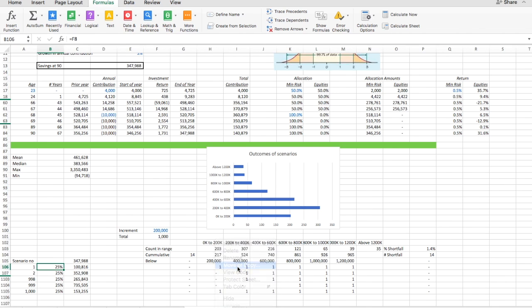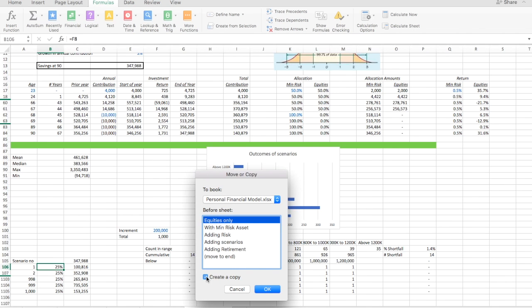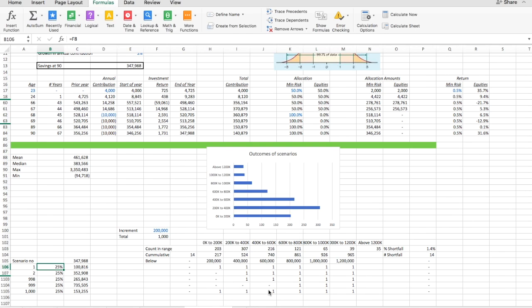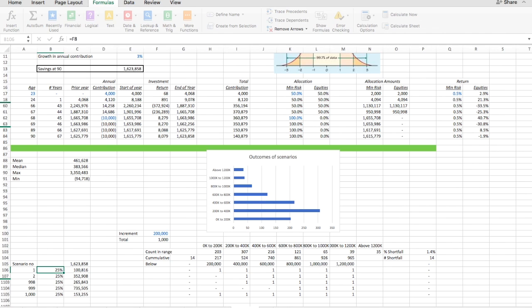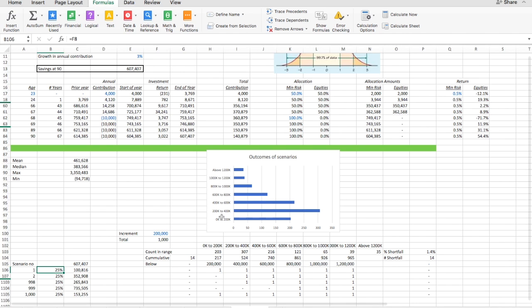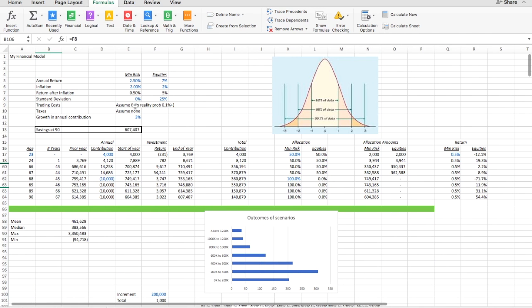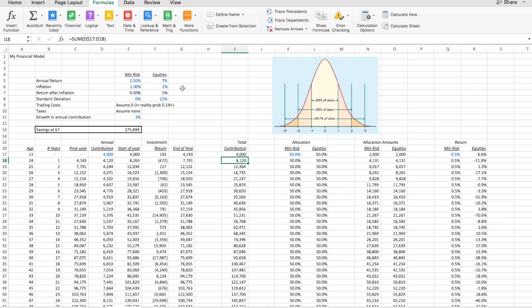But as before, I want to start by just creating a copy of the sheet, so we get a new sheet for every video, and let's call this adding CAGR. So adding CAGR, this is super critical. What we saw in the earlier video when I added the risk to the model, I kept using the old compound annual growth rate of 5%.